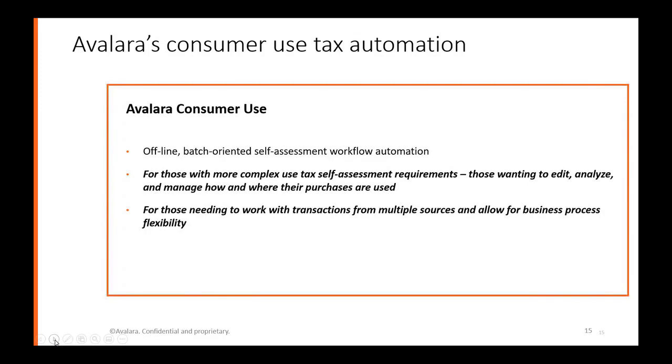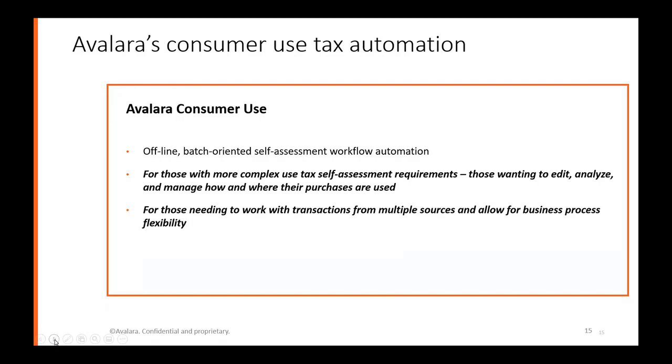It's so important, but even today, so many companies just don't have the resources, or they lack the knowledge to understand the exposure that can come from not appropriately assessing tax determination on purchases.